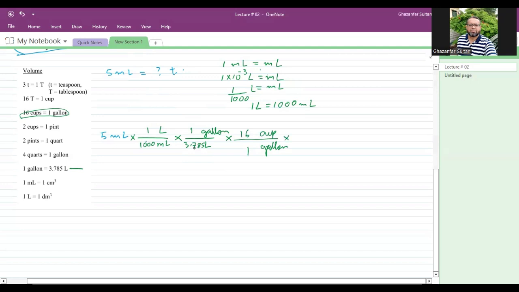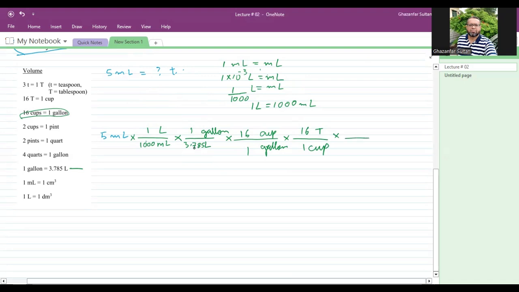And then we don't need cup, but we need teaspoon. But tablespoon is there, no problem. 1 cup is equal to 16 tablespoon. And even up to tablespoon, I don't think that we have any useful relationship.